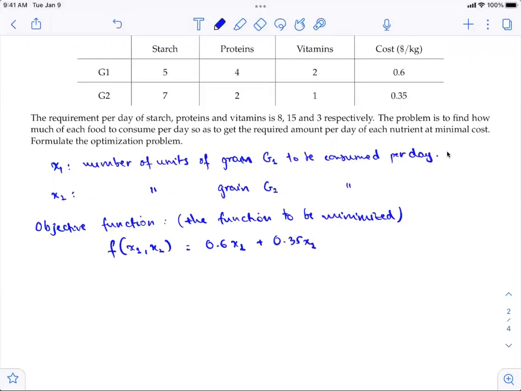That's going to be the cost in dollars per kilogram, and it depends on the number of units of each grain to be consumed per day. Each grain consists of three nutritions: starch, proteins, and vitamins. So that is the objective function. We want to minimize the cost.